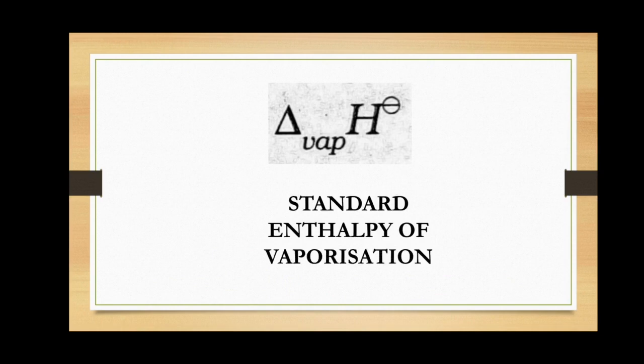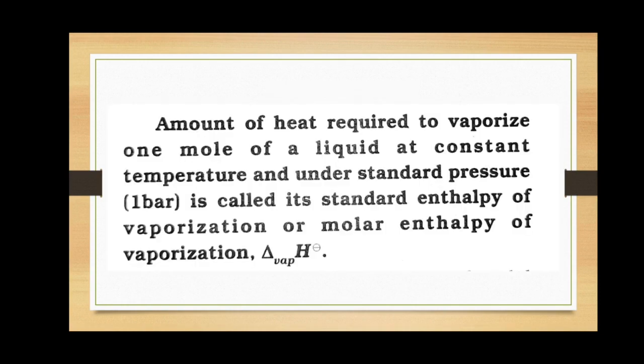The amount of heat required to vaporize 1 mole of a liquid at constant temperature and under standard pressure is called its standard enthalpy of vaporization or molar enthalpy of vaporization.